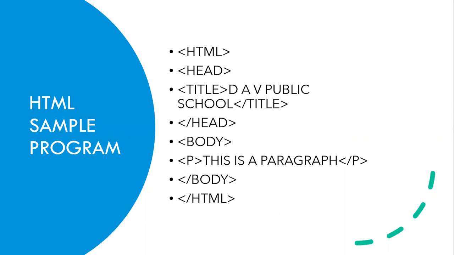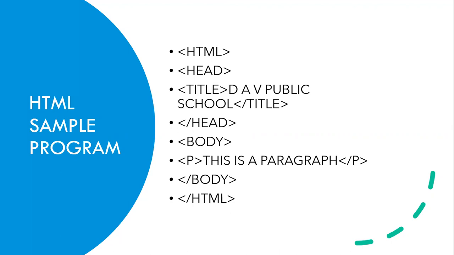See here, you can easily understand. I have opened a title tag and immediately closed that title tag. Once the title is completed, I have closed the head tag. After closing the head tag, I have opened the body tag.